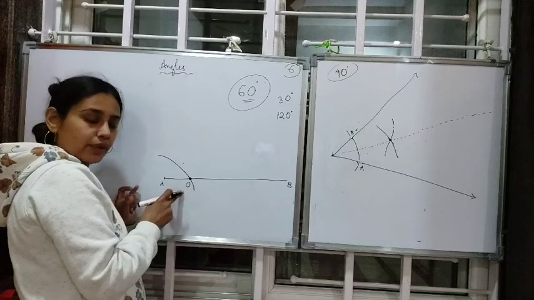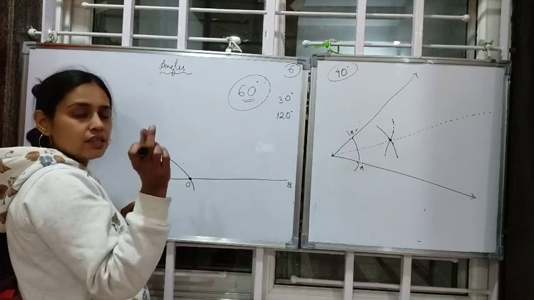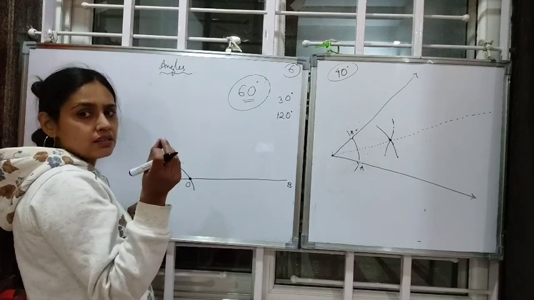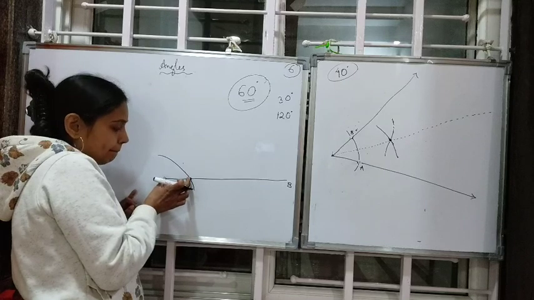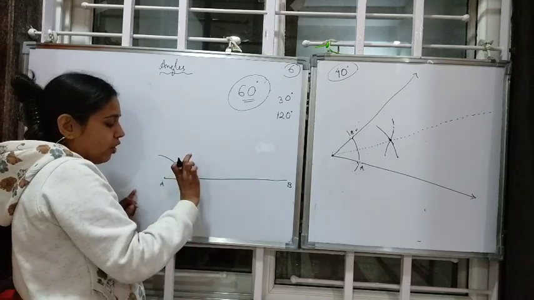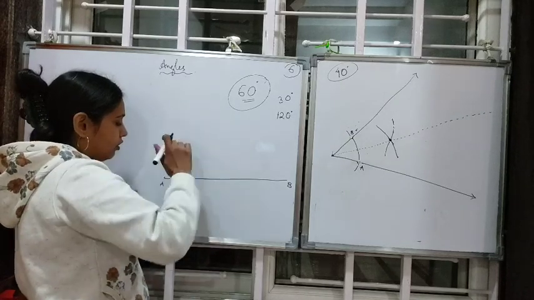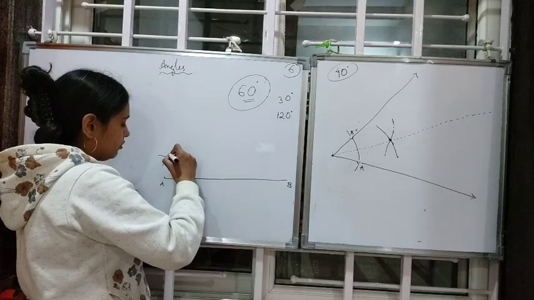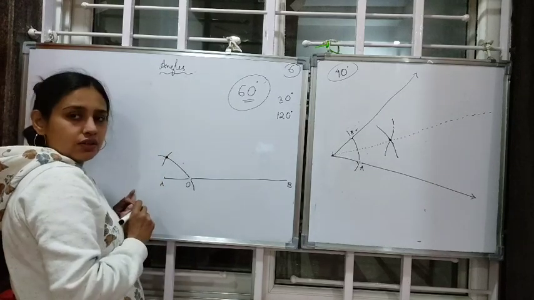Okay, once again I will repeat, with the same radius without disturbing the radius, and if your radius gets disturbed due to some reason, you can measure it from here. Then put your pointer on point O and draw another arc on the first arc. You got another point of intersection, right?